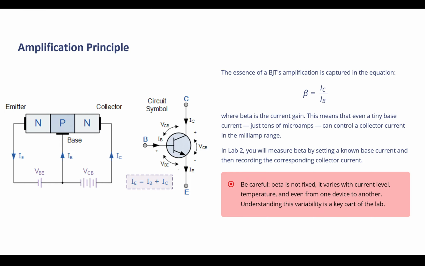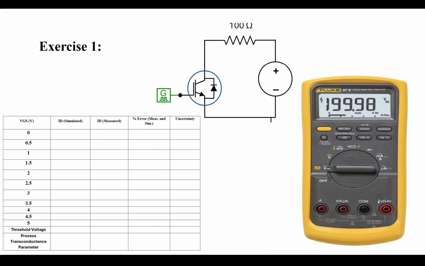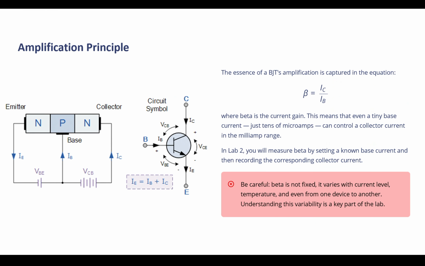What do I mean? These are all directly connected to each other. So if you run a KCL here, you have a current here and a current here. It makes sense that the current exiting from the emitter should be the summation of the two.